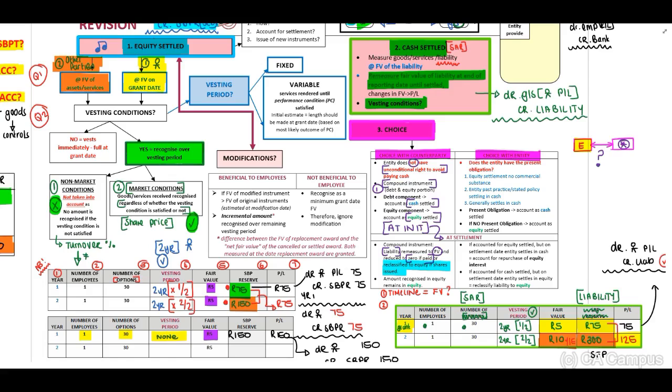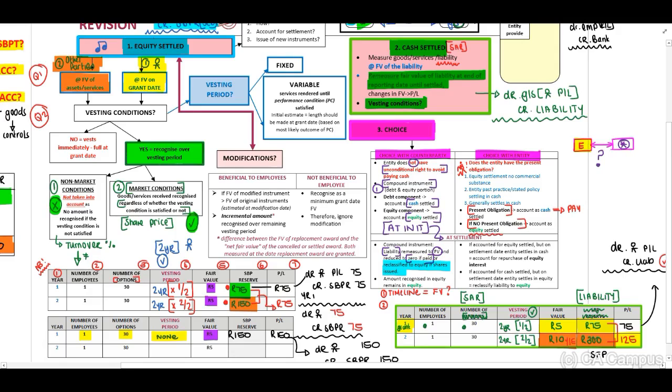Now, when the choice is with our entity, it is extremely important to identify if there is a present obligation. Remember, guys, if there's a present obligation, you need to know that there will be an obligation to pay cash. Therefore, if we pay the cash, this will be cash settled. If there is no present obligation, this will be equity settled.